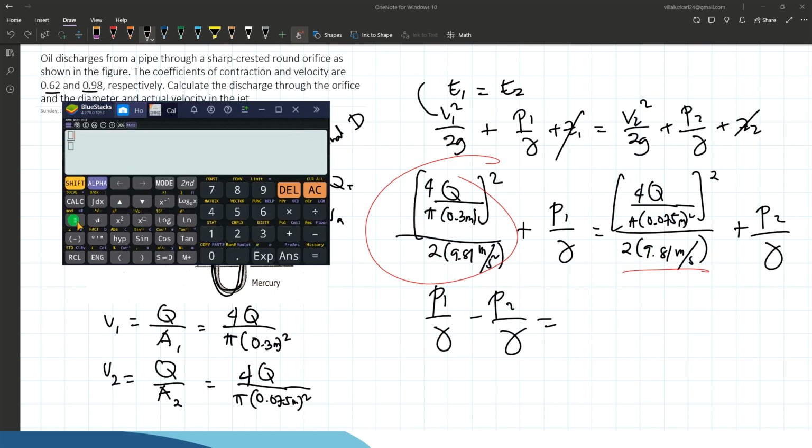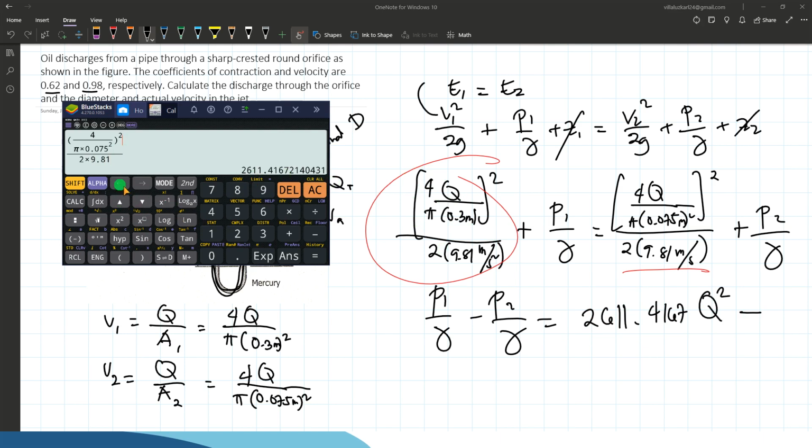So let's evaluate the equivalent coefficient for this term right here. We solve this: 4 squared over pi times 0.075 squared over 2 times 9.81, which gives 2611.4167 Q squared, subtracted by this term.